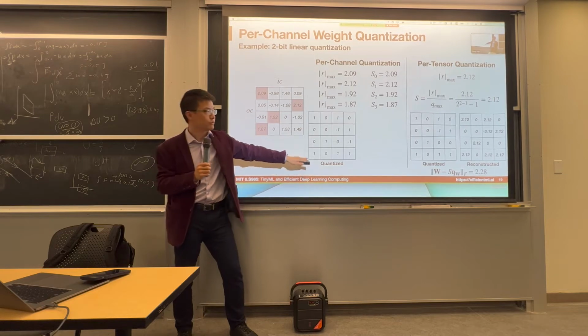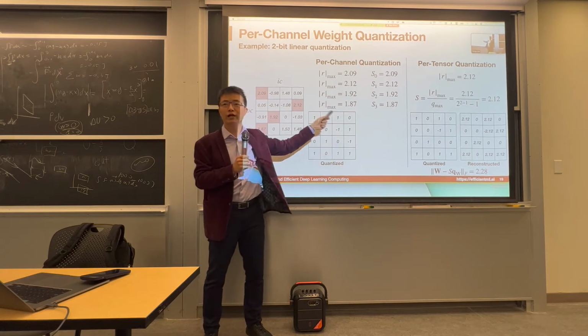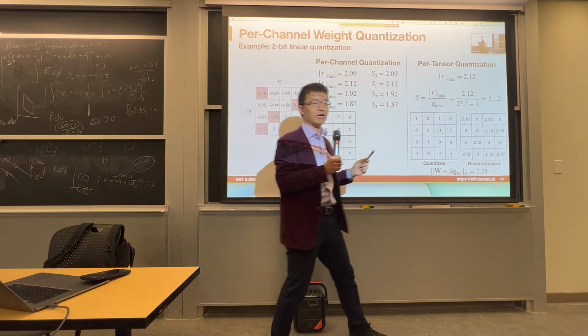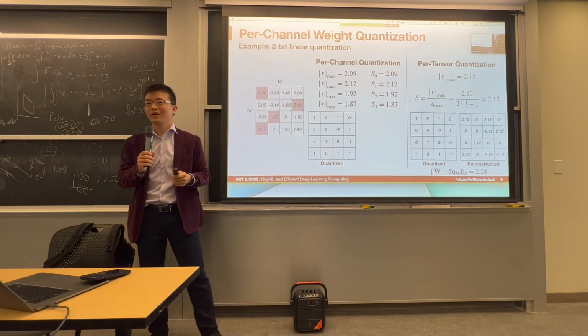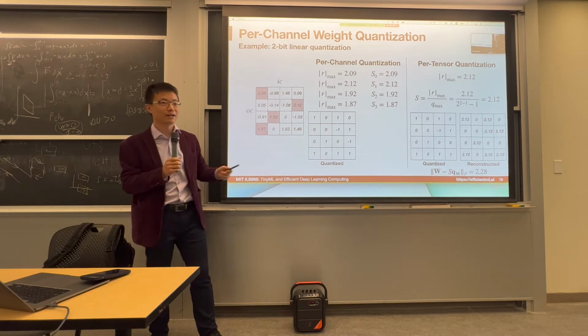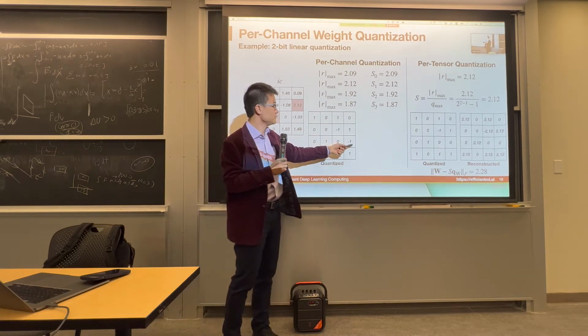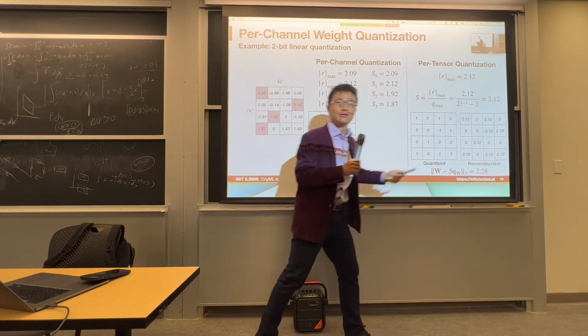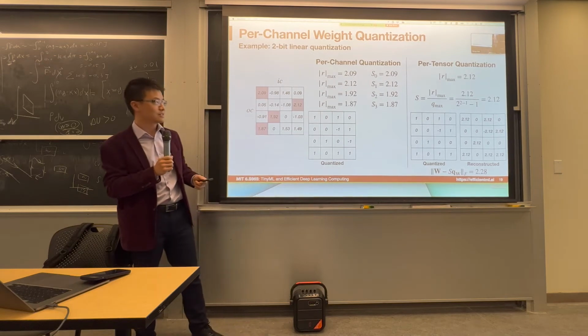If you compare the per channel quantized values versus the per layer quantized values, did you observe any number that is different? In the last column, second last row, yeah, this one is -1 and this one is 0. And guess why that is the case?